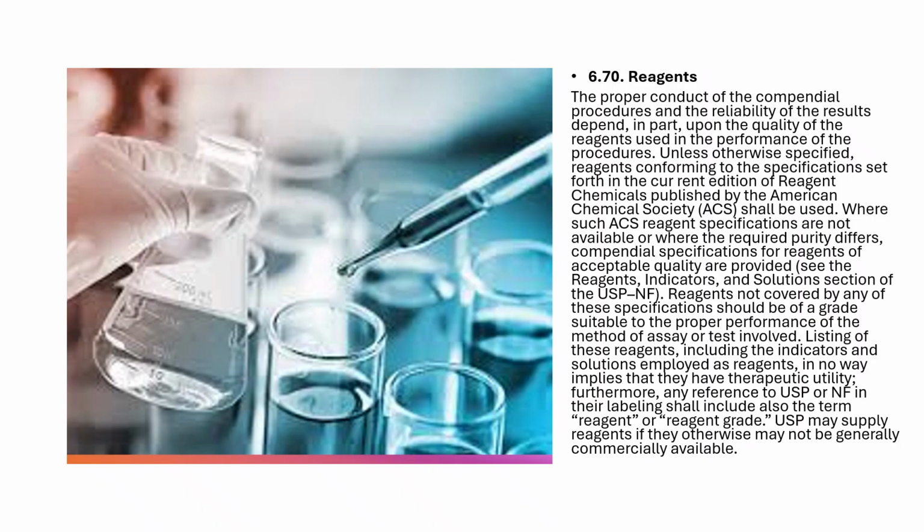Reagents not covered by these standards should be of suitable grade for the intended test or assay. Listing of reagents does not imply therapeutic use, and any USP or NF reference on labeling must include the term reagent or reagent grade, right? USP may supply reagents when they are not generally commercially available.